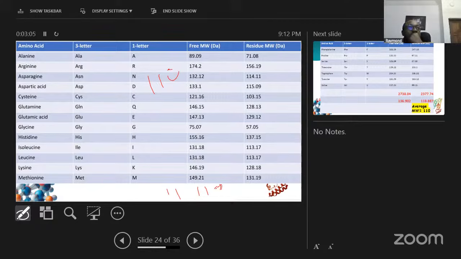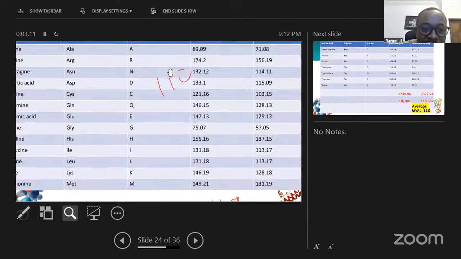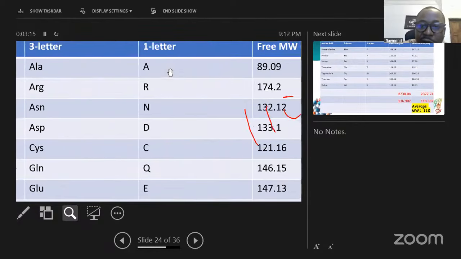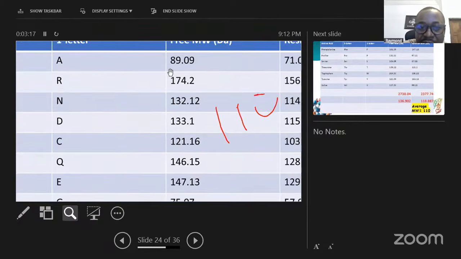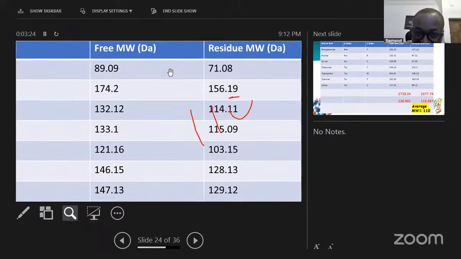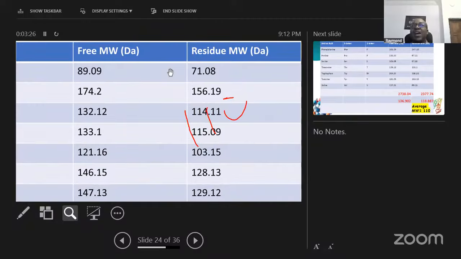Now, alanine has a molecular weight of 89. Let me enlarge my screen. You can see what we call free molecular weight and residue molecular weight. They are two different things. Free molecular weight is when they are not part of any protein.